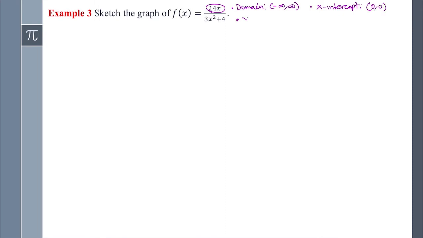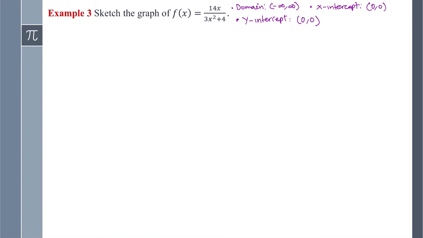And then for the y-intercept, we set x equals 0. So here, if we take x equals 0, the numerator is 0 divided by 3 times 0 plus 4, which is 4, so the value is 0. So we have the x- and y-intercept. Now another thing is the asymptote.